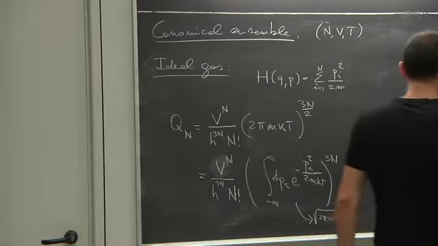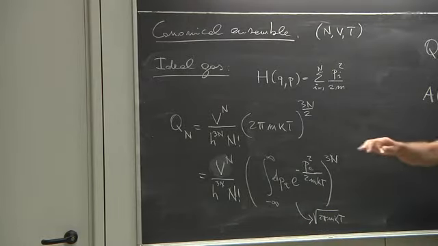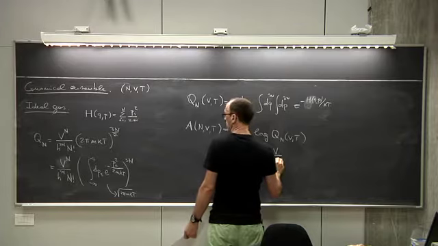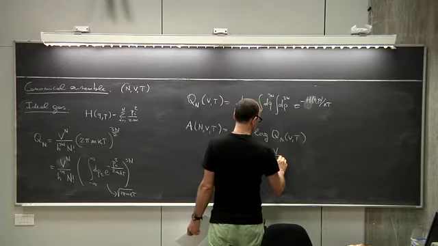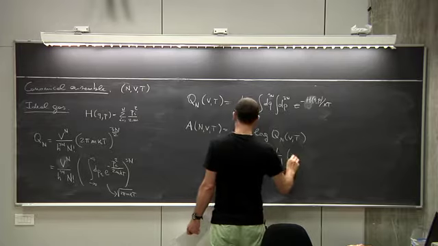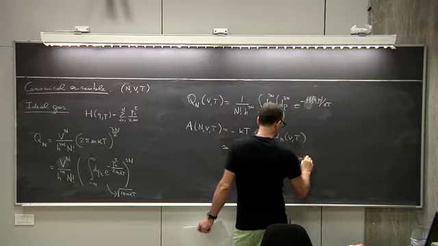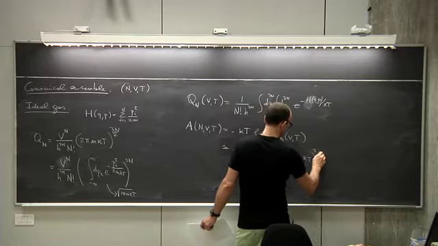So this is it. So if you use the Stirling formula for this, you get that this is minus N kT times the log of V divided by h^3 N times 2 pi m kT to the 3 halves.